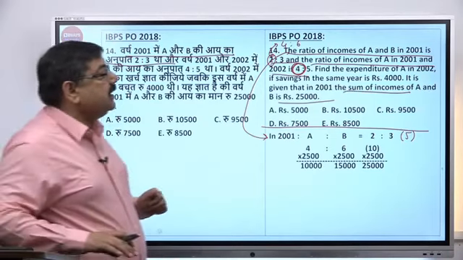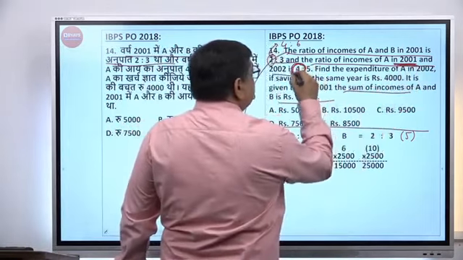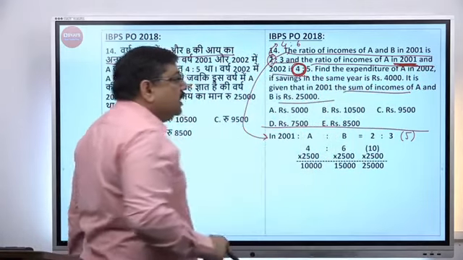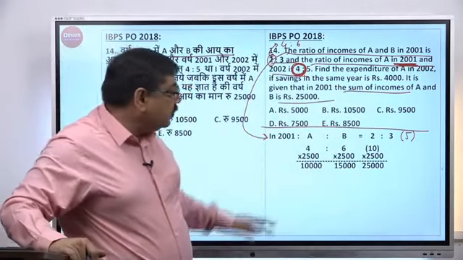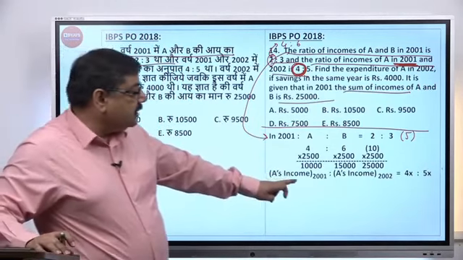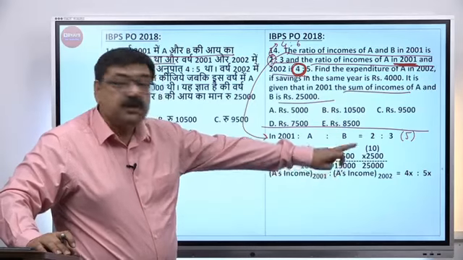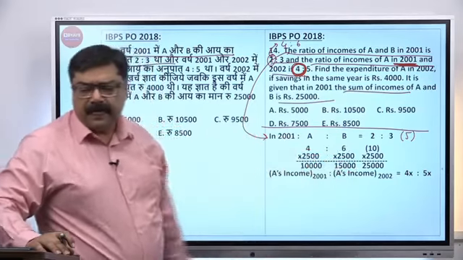Now we know A's income in 2001 and it is representing 4 points. तो यहाँ पर 4 जो अनुपात के पॉइंट हैं वो 10,000 रिप्रेजेंट कर रहा है। Now A's income in 2001 is to A's income in 2002 ratio is 4:5, which is 4x is to 5x.